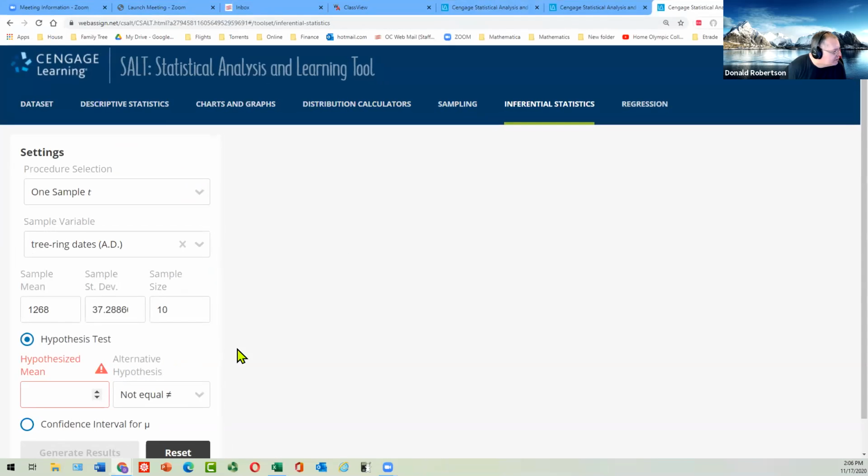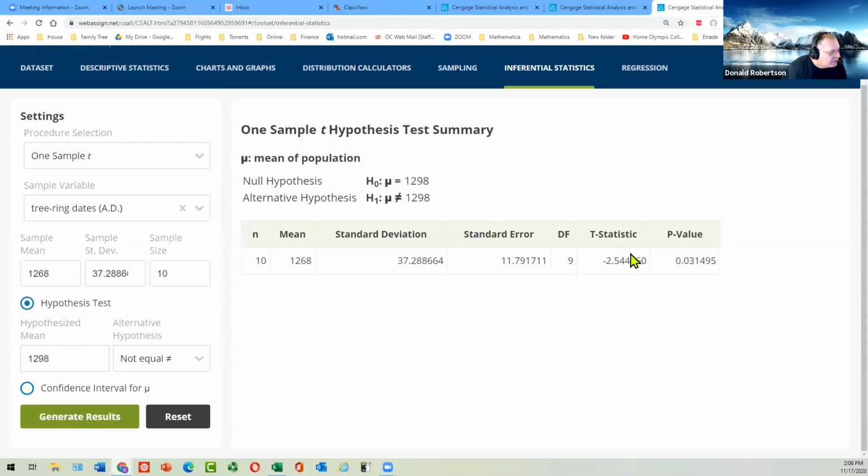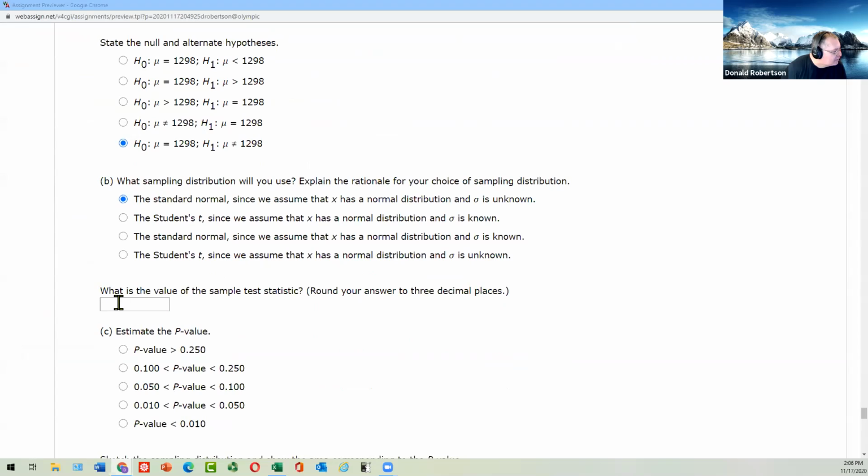Okay, gotcha. So 1298, and we're saying, is it not equal to it? And there's my t value, and 0.03 for the p value. There's the t value. I'm just going to round it to 3 decimal places because that's what they asked for. And although you can't see it, the p value was 0.03.